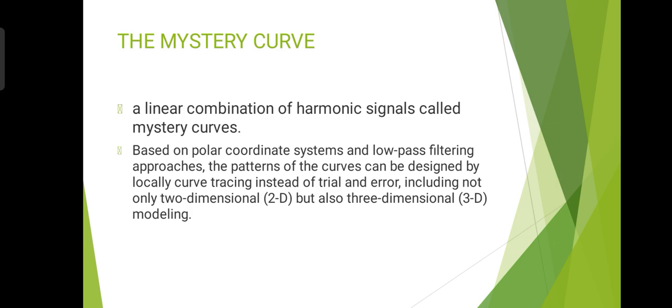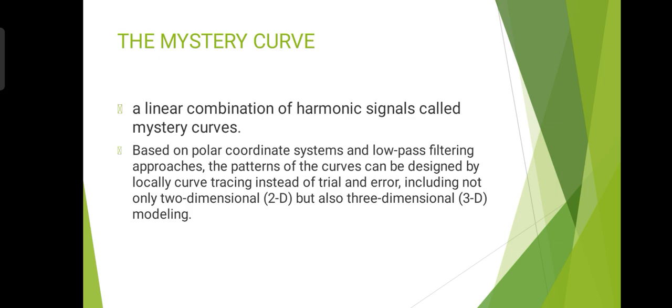So here we can understand what is meant by mystery curve. It is a combination of harmonic signals. Simply, it is a linear combination of harmonic signals, so it can be called a mystery curve.